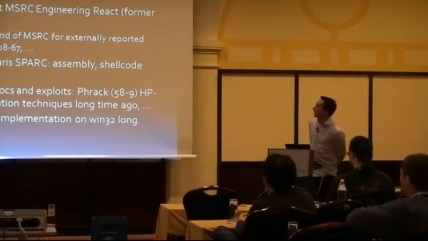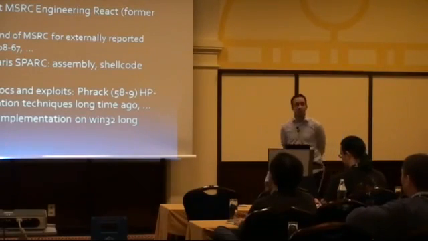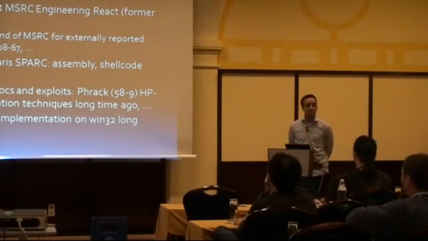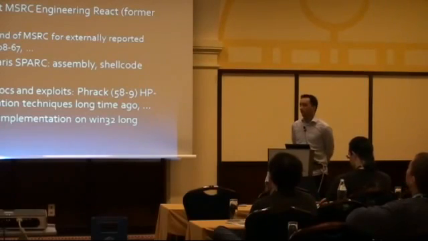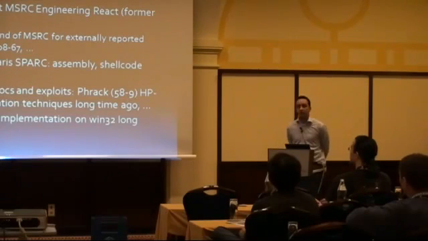So I'm a security engineer in the MSRC Engineering React team, formerly known as SWI, Secure Windows Initiative. We're the technical background of MSRC operations teams. I've been dealing with a lot of cases for 3 years, and for example, I was the one in charge of MS08-067. Anyone familiar with this case? The NetAPI vulnerability.